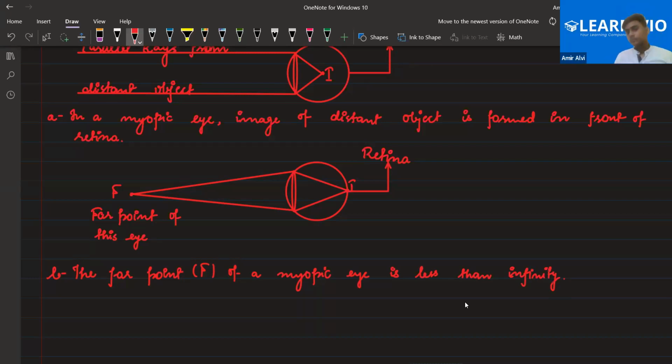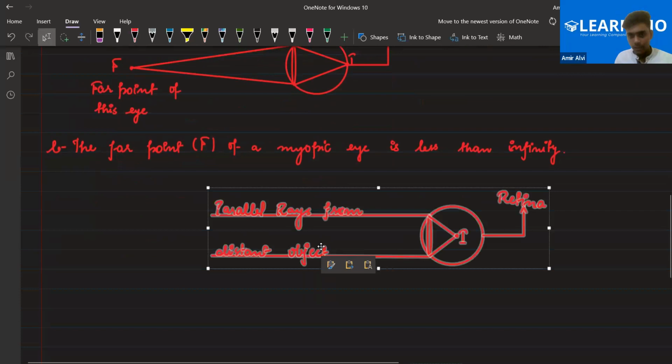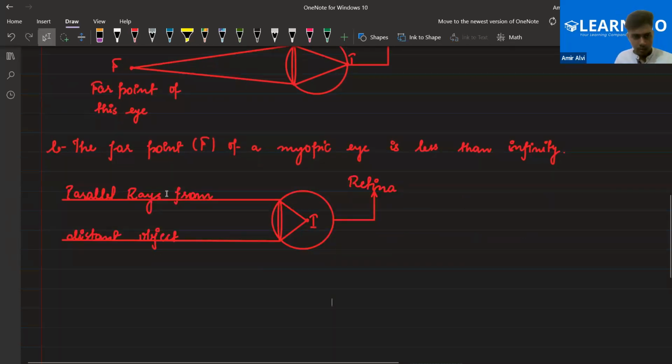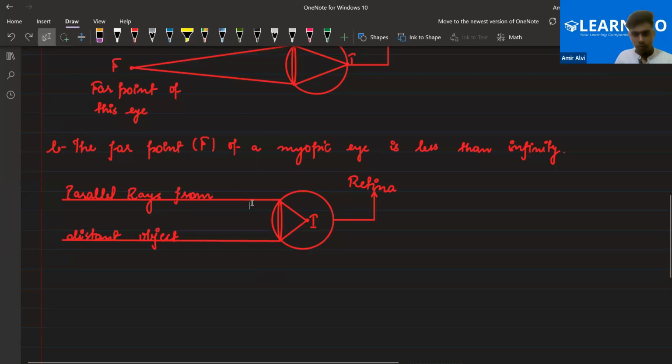Okay. Yes, sir. Now in this last case, we have to understand how to correct it. Okay. So how to correct it?